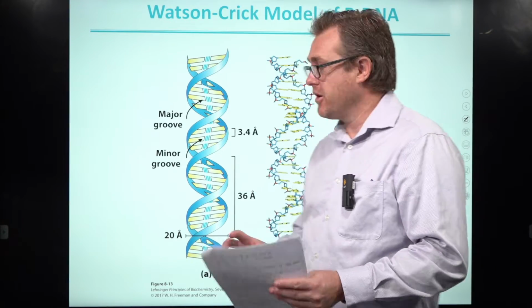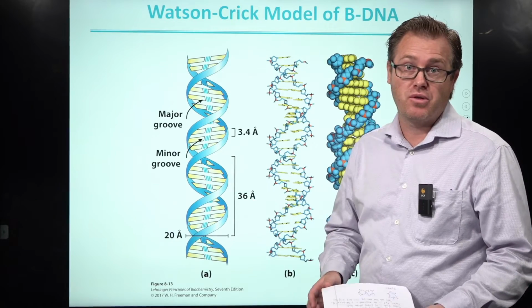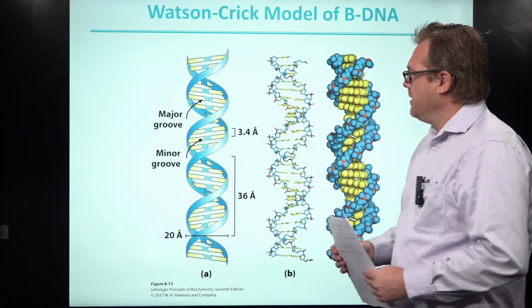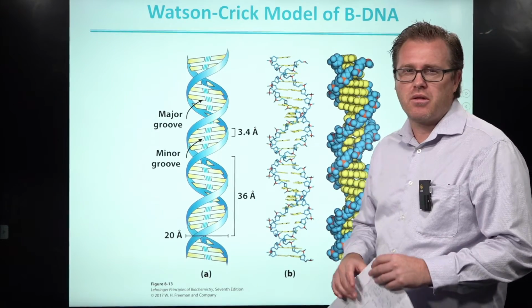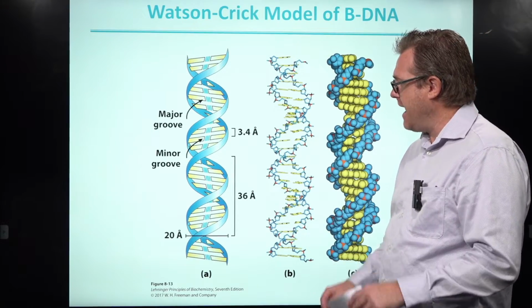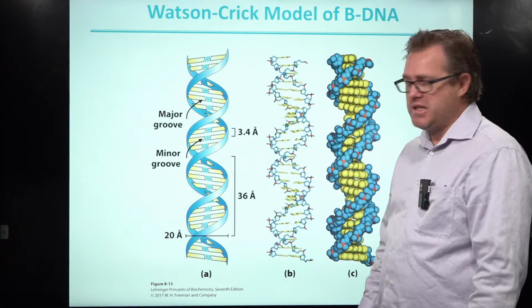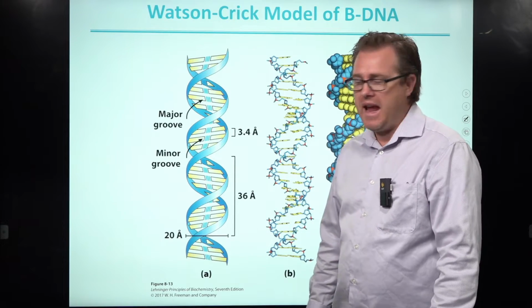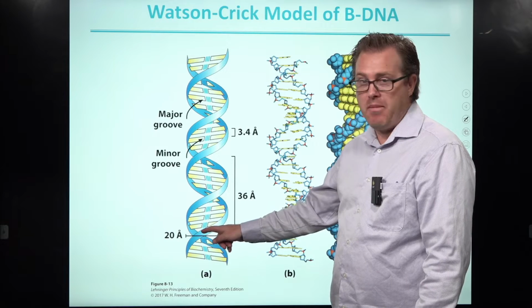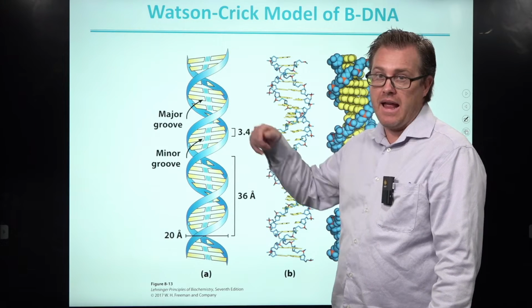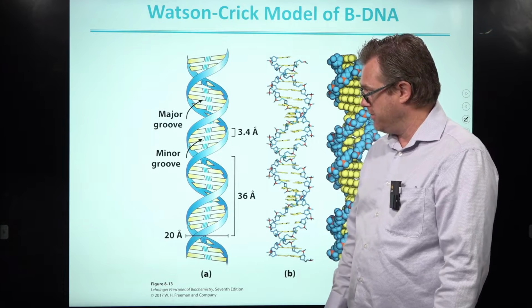Certain proteins are going to bind in those different types of grooves. Now, some other key features here. Some numbers that are good to just have in your head. How many base pairs does it take to go from one point of the helix and make it go all the way around and complete one turn?